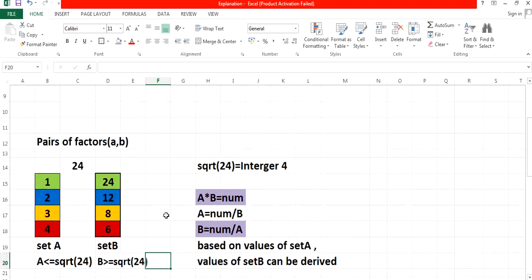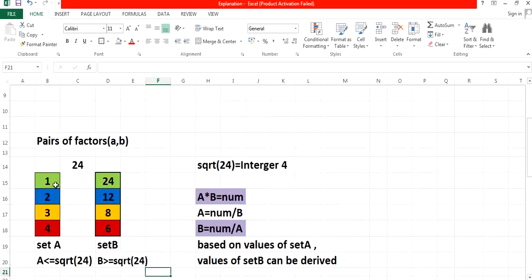Look here. Let me keep this as my list 1 or list A. If I know list A, which is nothing but the factors till the square root of the given number. If the given number is 24, the square root of 24 gives 4. So if I find the factors till 4, I am able to find the remaining factors.